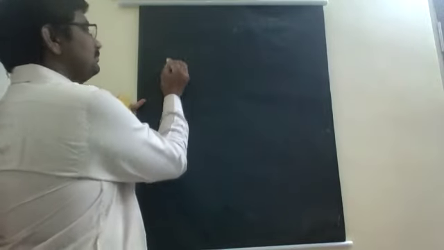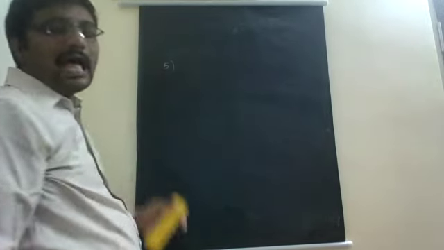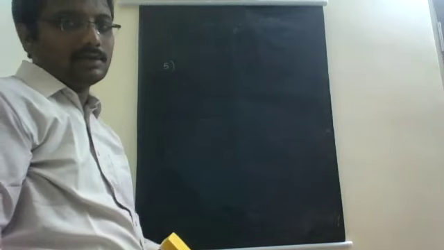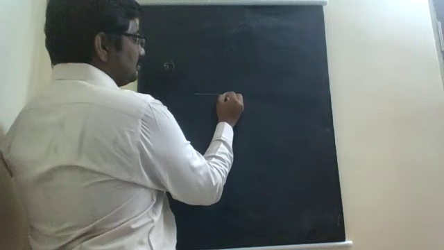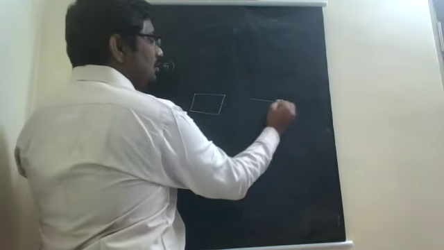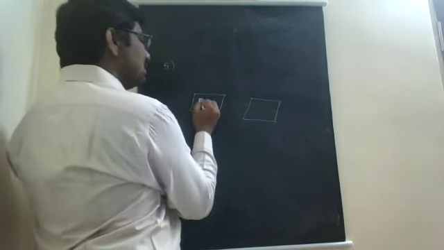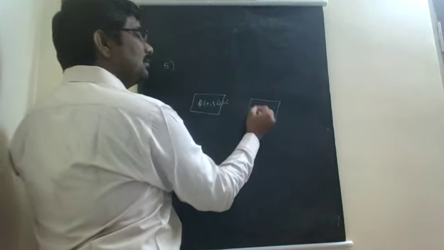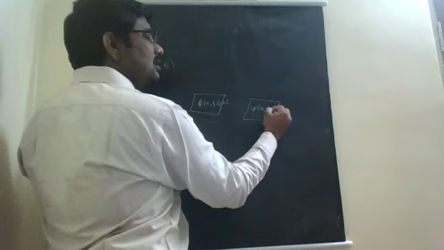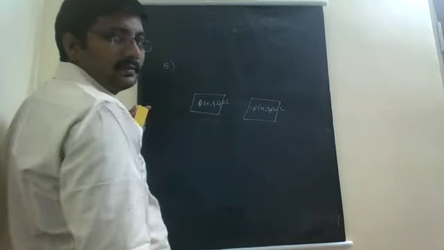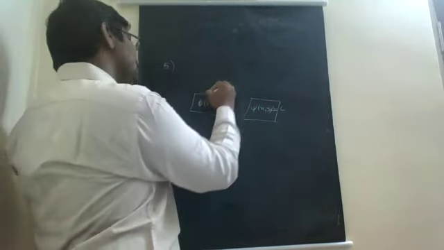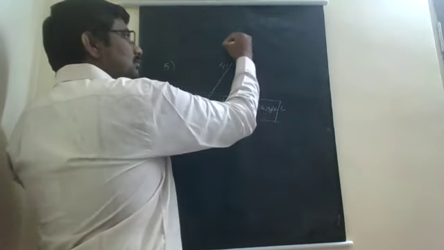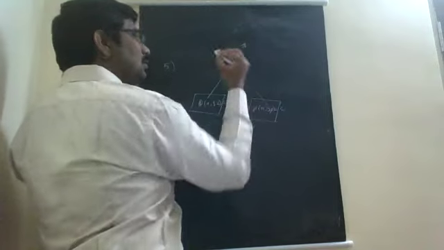Now the next one, angle between normals. We can find the angle between normals. Suppose we take two surfaces, phi of xyz and psi of xyz. We take the normals n1 bar and n2 bar.